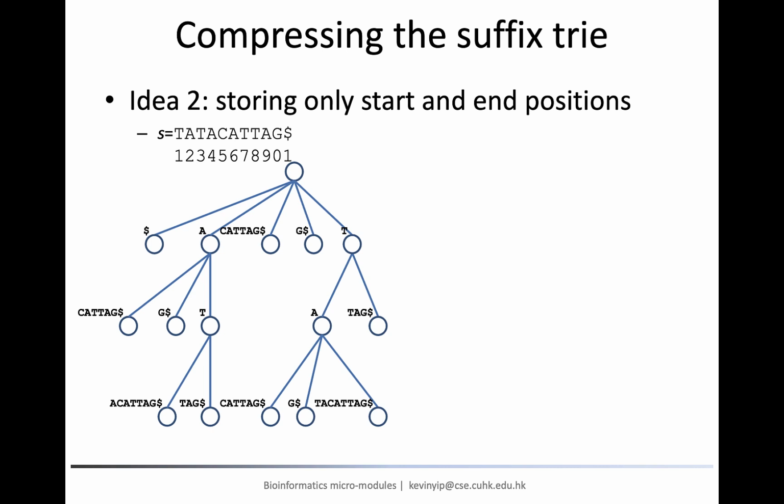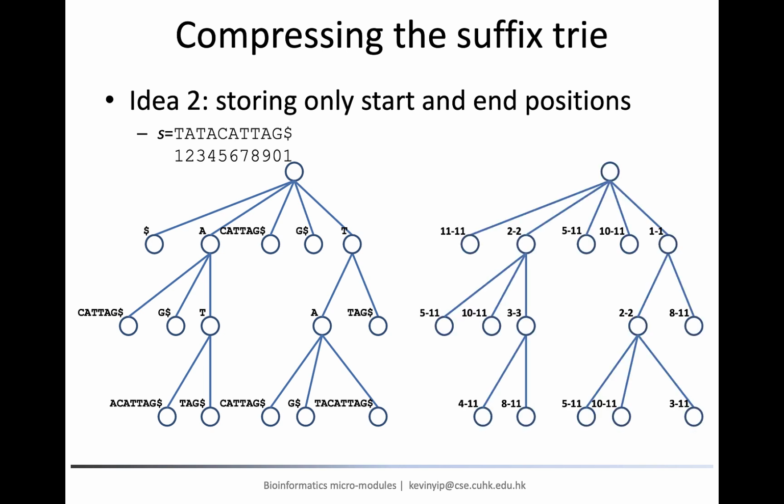For example, for the tree we obtained from our example shown here, if we store only the starting and ending positions, we get this new tree on the right. We will refer to this index structure as the suffix tree, which is essentially a compressed form of the suffix trie. What is the space complexity of the suffix tree?